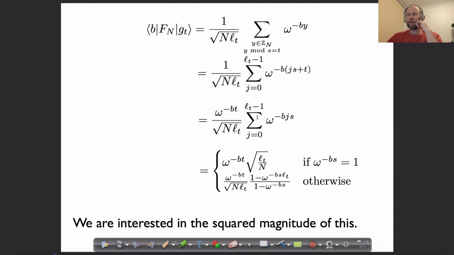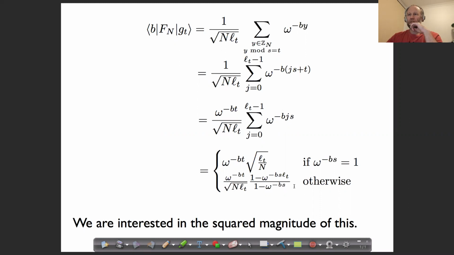So now we just have this sum, and this is just a geometric sum. If omega to the minus bs is equal to 1, then this sum is just going to equal LT. Otherwise, we can use the formula for a geometric sum, and we get that the sum is this.